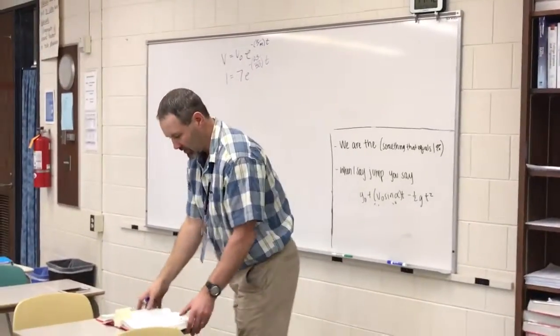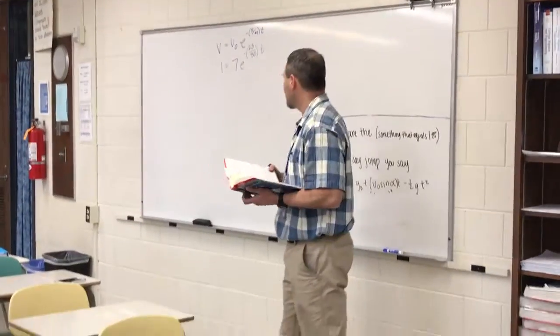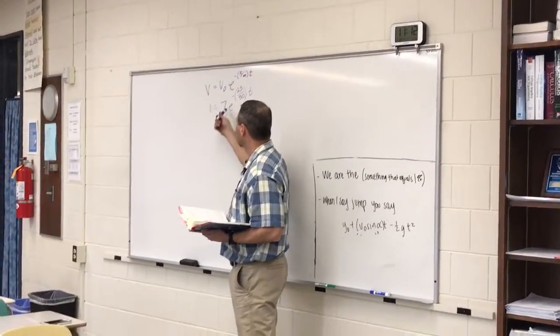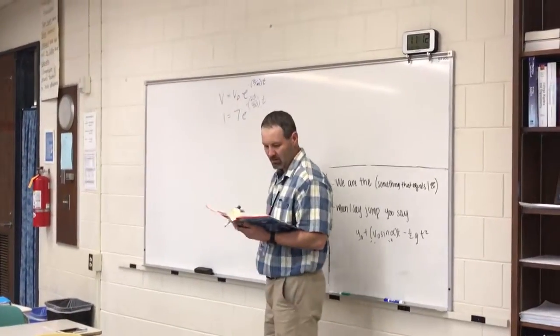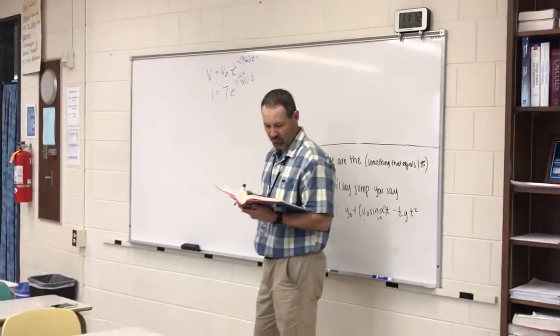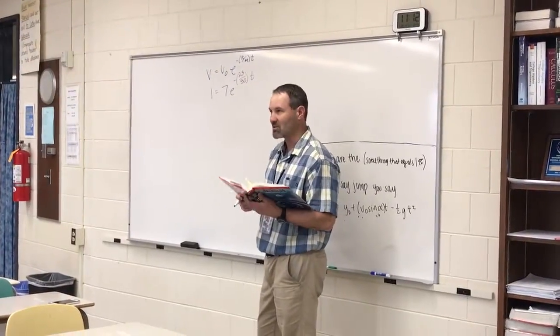You don't have to do that, but the book will, it's 38.9 seconds. So based on this model, if we start at 7 meters per second, how long will it take to get to 1? It would be 38.9 seconds. Pretty straightforward.